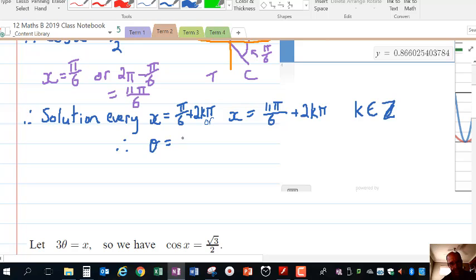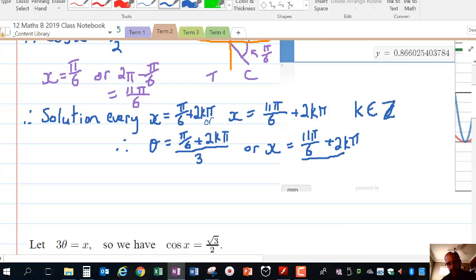So that would be pi on 6 plus 2k pi over 3, and same with the other one, 11 pi on 6 plus 2k pi all over 3, based on our substitution we just made.